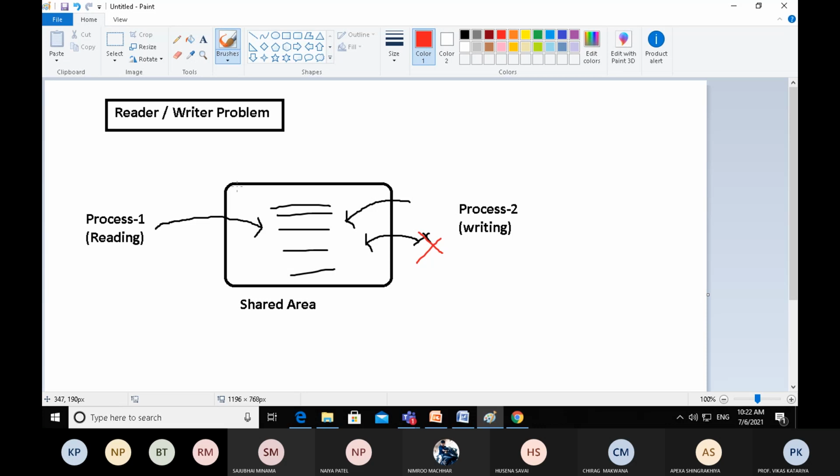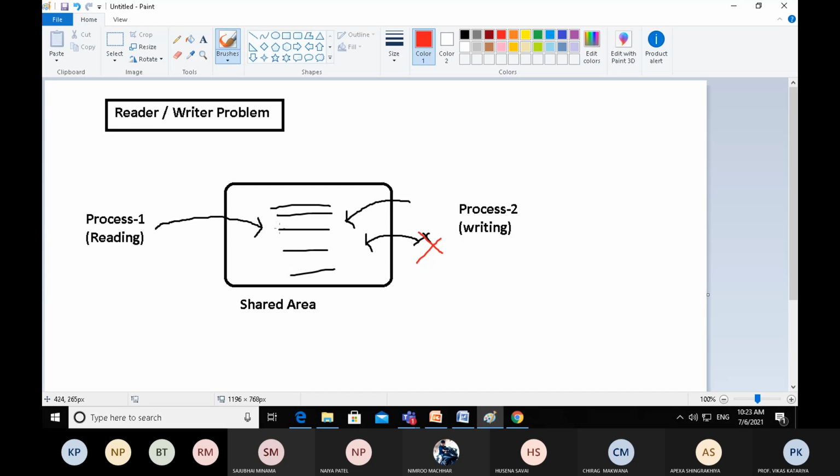So these are the kinds of problems we are dealing with. We will discuss in the next session what exactly the reader and writer problem is, what the problem statement is, and how we resolve it: how we can allow multiple readers to access the shared area, and how we do not allow multiple writing processes into the critical section.